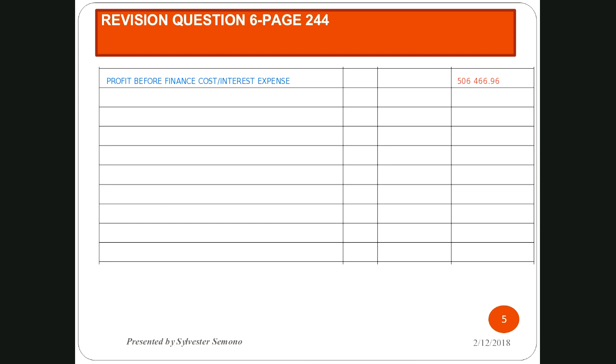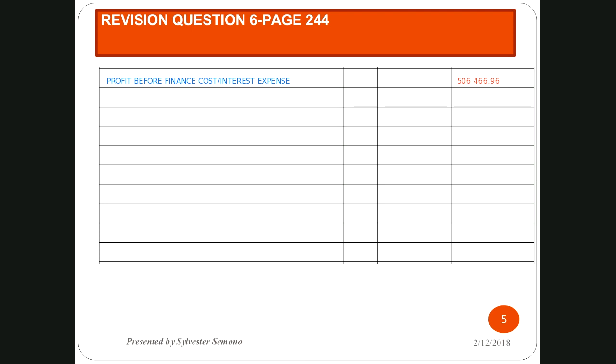Now is when we are going to find this amount for interest. Remember the interest that we did not touch and we said it is not operating expense. So if you go to the list of balances, we need to check any interest expense. We've got the interest on creditors account.